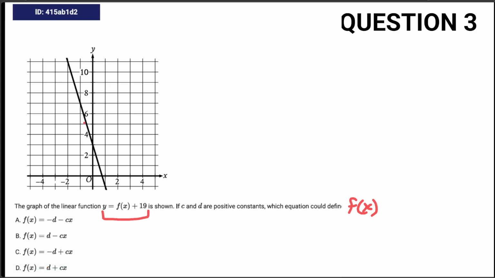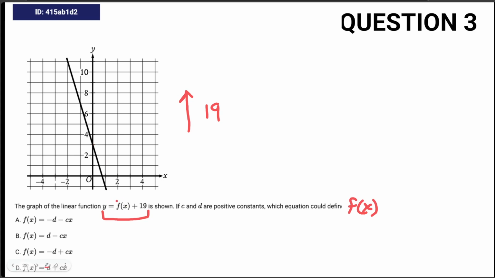There's a couple ways we could go about this. What I would recommend is, if you understand functions well enough, then you could know that plus 19 simply means move up 19 on the y-axis. So this right here would be f of x moved up 19. So f of x is down here, but this graph was moved up 19.